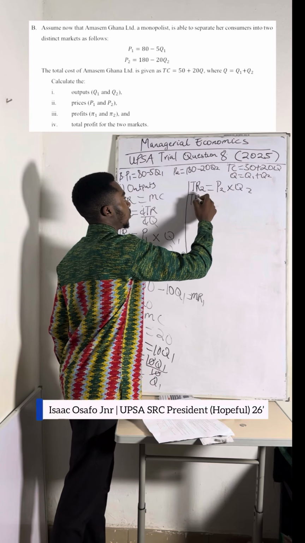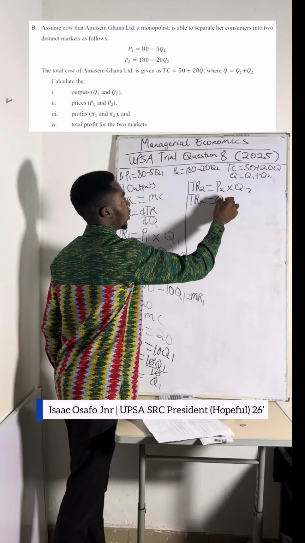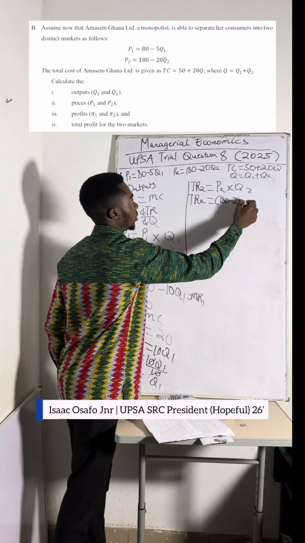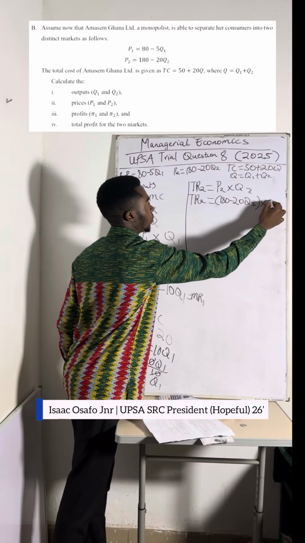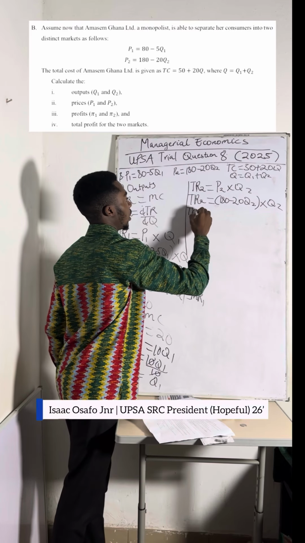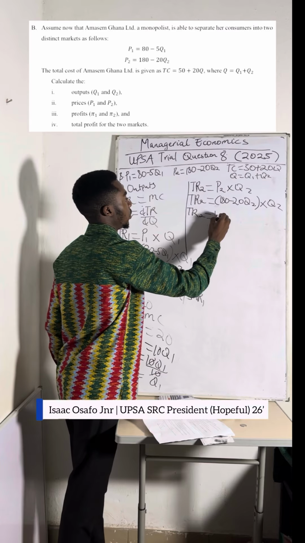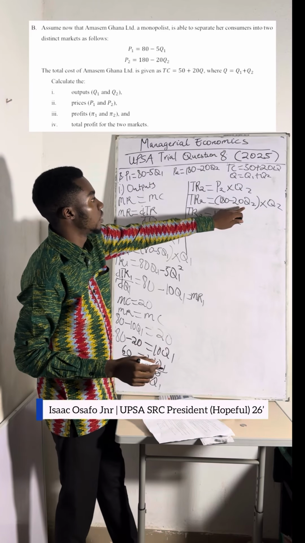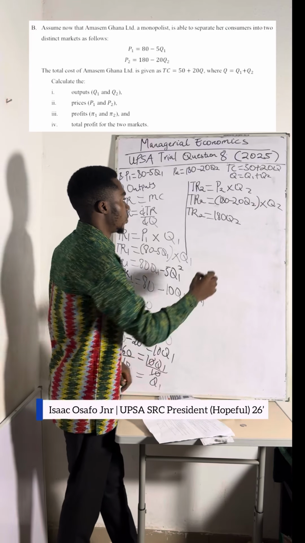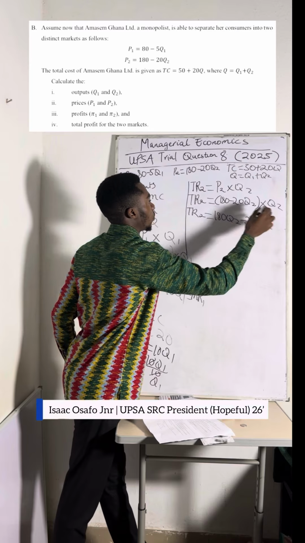Our P2 they give to us as 180 minus 20Q2, times the Q2. So our TR2 will be equal to 180 times Q2, which is 180Q2. Then negative 20Q2 times Q2 will give us negative 20Q2 squared.